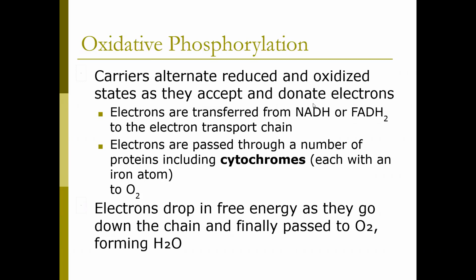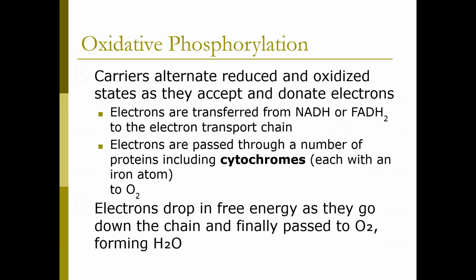And once those electrons are released from NADH, the NADH loses those electrons and becomes oxidized to NAD+. So this is, again, that redox reaction. Electrons are transferred from the NADH and the FADH2, and when they get released, they're transferred to the electron transport chain.